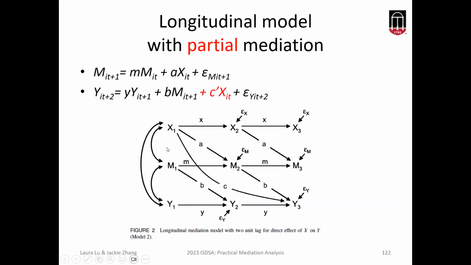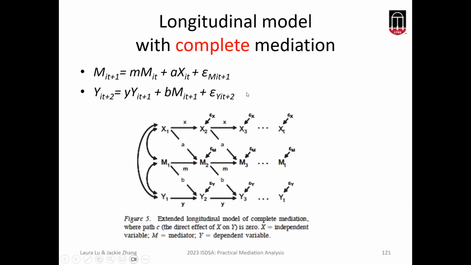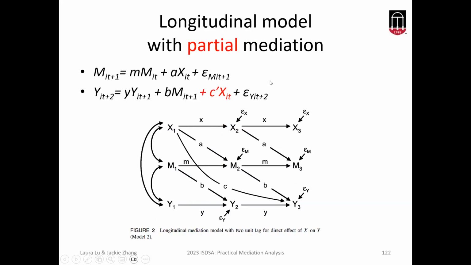Of course, we have the partial case. In that case, we have the C, the direct effect, here. So in this case, Y is influenced by the previous Y, M, and X, but X and M are measured at different times. So this makes the longitudinal mediation complicated. We have complete mediation, we have partial mediation, and all of these are longitudinal.